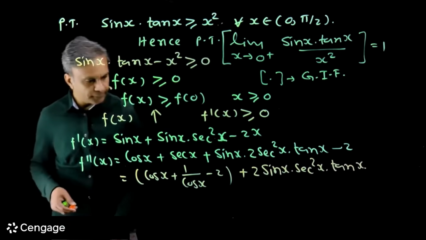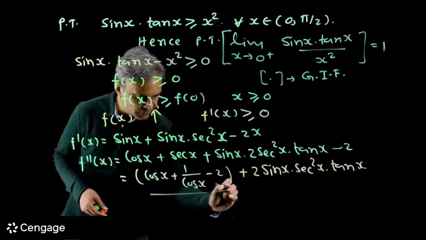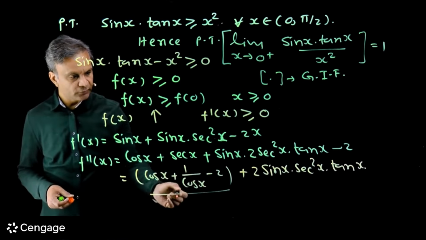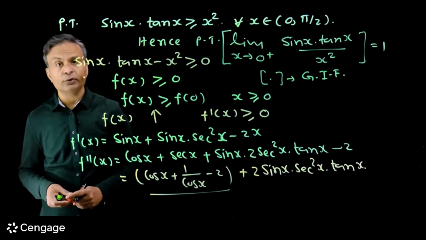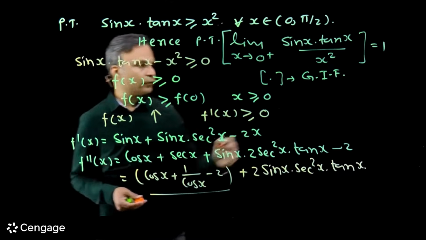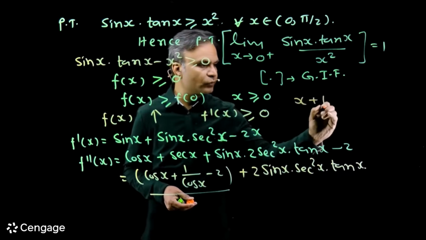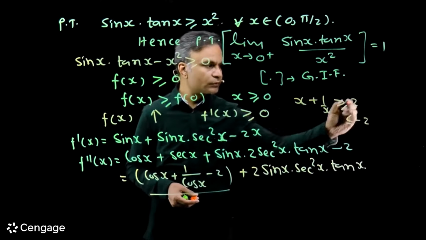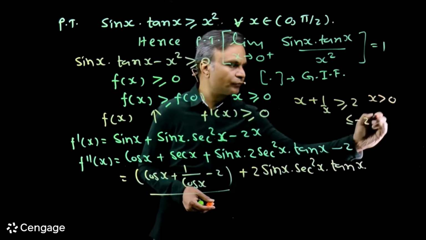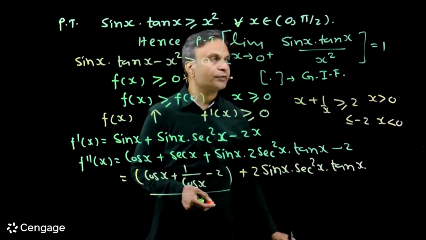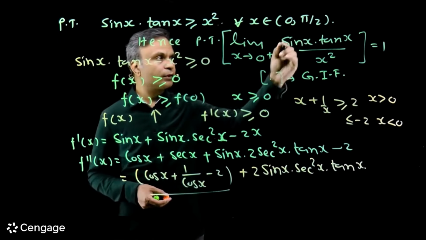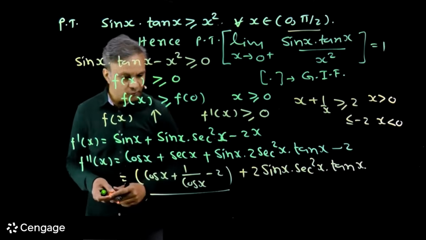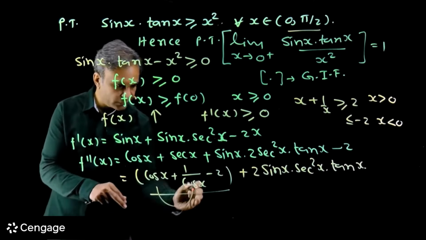Now what can you say about this expression? Cos x plus 1 over cos x will always be greater than or equal to 2. We have the algebraic expression x plus 1 over x; this is greater than or equal to 2 or less than or equal to minus 2. This is for positive values of x and this is for negative values of x. Here x belongs to this interval, x lies in the first quadrant where cos x is positive, so this will be greater than or equal to 2.